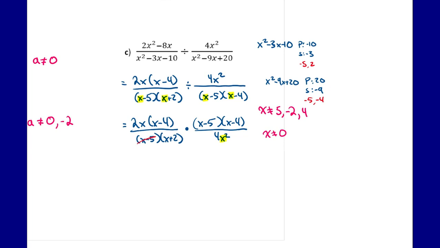I have the x minus 5 and the x minus 5. Those can cancel out. I have the 4x squared and the 2x. So the 4 and the 2 could cancel out, and the x squared and the x would cancel out. So I'd be left with x minus 4 times x minus 4 divided by x plus 2 times 2x.